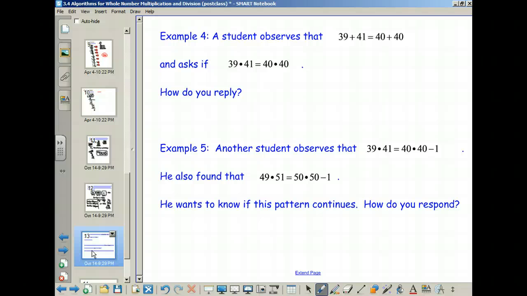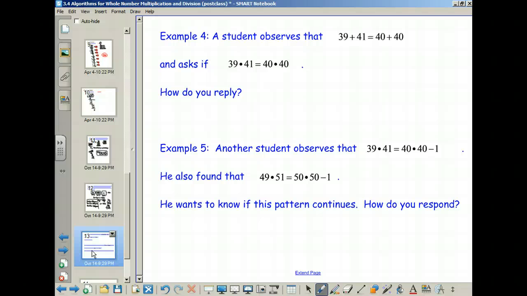So we notice that the student observed that 39 plus 41 is 40 plus 40, right? Yes. Sure, no problem. We take 1 away from one place, add it to the other one, we get 40 plus 40. And so they asked, does 39 times 41 equal 40 times 40? So find out for me real quick, does it work? Grab a calculator, or your paper, whatever you're going to do.